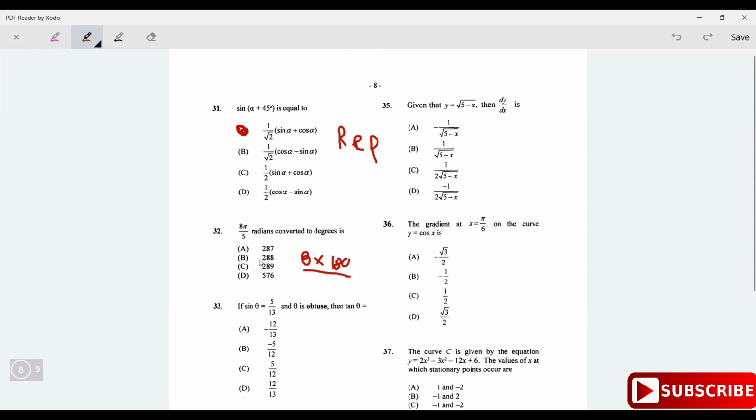And 8 times 180 divided by 5 is 288. Easy. This is another repeat question, and tan theta was minus 5 over 12. Easy.